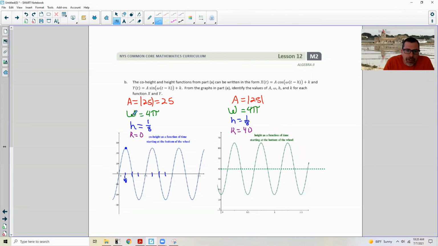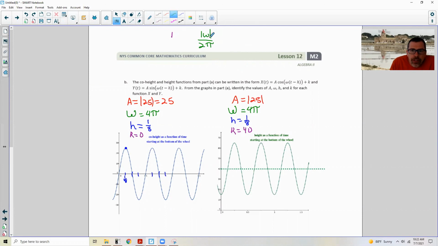All right, I haven't really explained where I got 4 pi from. I just did it quickly. Remember that your period is equal to the absolute value of omega over 2 pi.